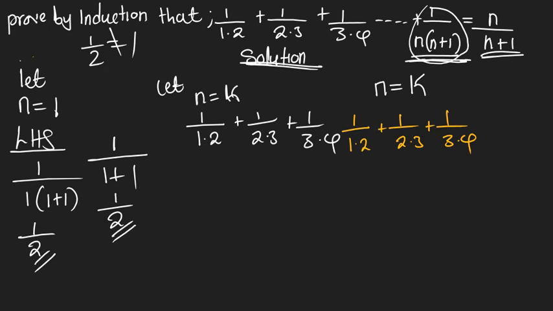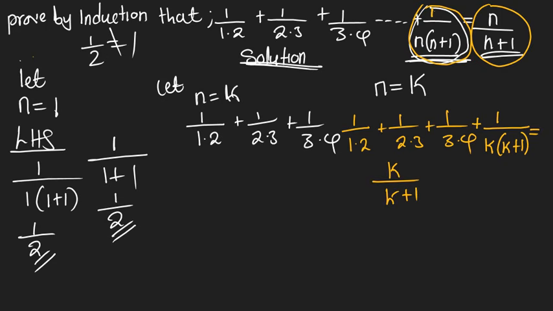Then where there is this n here, I replace with k. It's going to be 1 over k, then k plus 1. Then you say equal to, then you have this part here. You replace k again: k, then k plus 1. Then you can label it as equation 1.